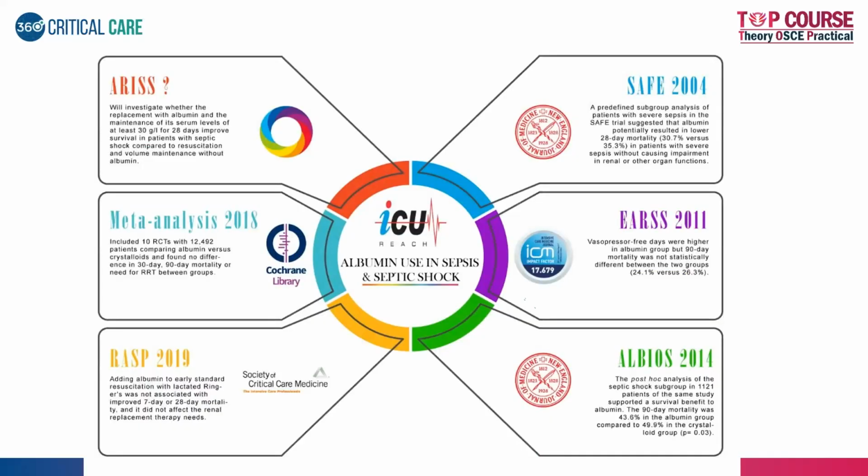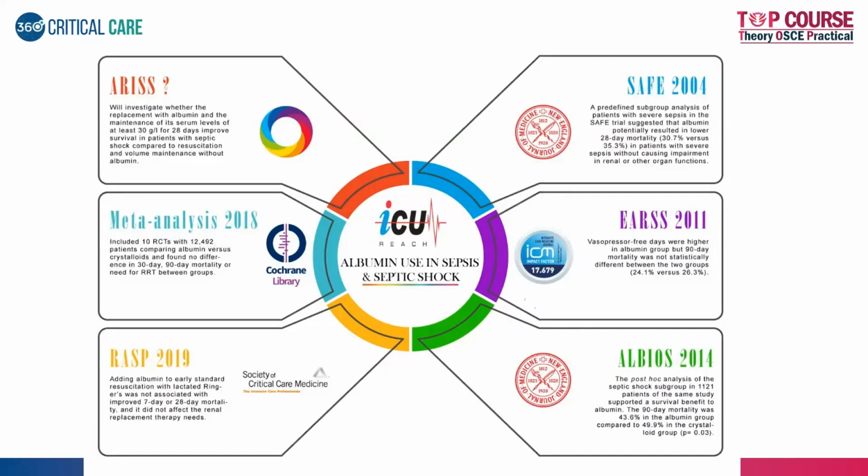The ARISS trial is looking at achieving a very high target. They're trying to get at least 3 grams of albumin in the period of stay in the ICU. So probably it is overzealous, and cost effectiveness, etc., will come into the picture again. As of now, there is no mortality benefit based on a lot of trials like the SAFE trial, ALBIOS trial, EARSS, RASP, and the meta-analysis given by Cochrane in 2018.